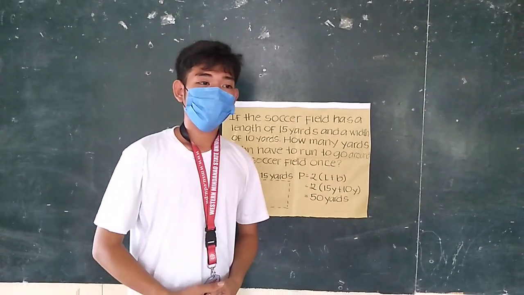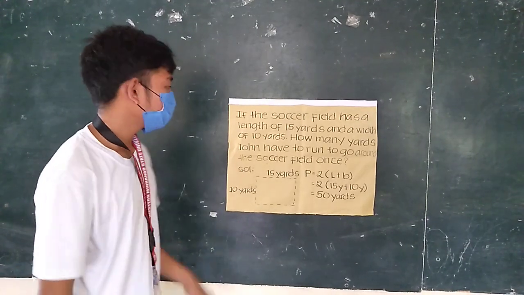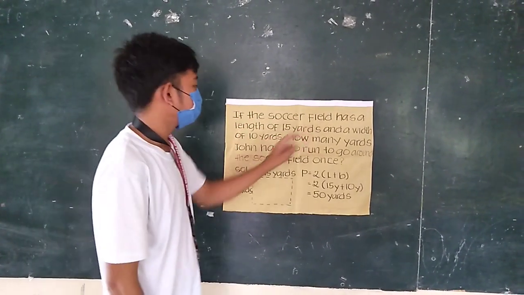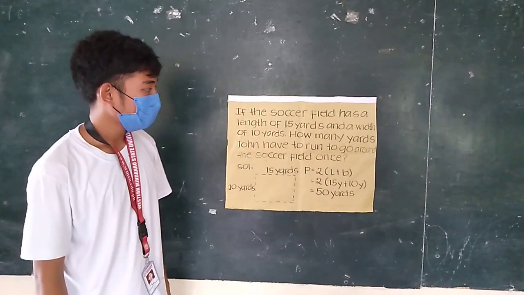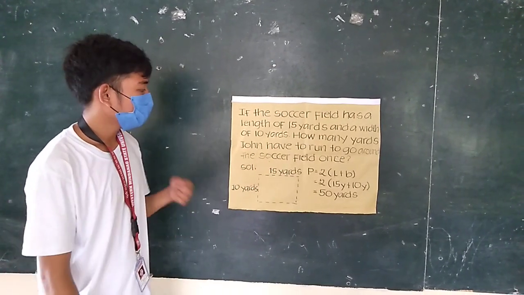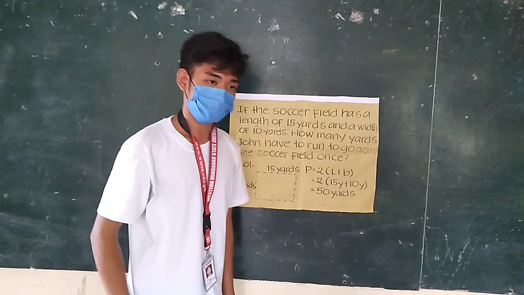Another example that I want you to solve is this. Let us read the example. If the soccer field has a length of 15 yards and a width of 10 yards, how many yards do John or I have to run to go around the soccer field only once?